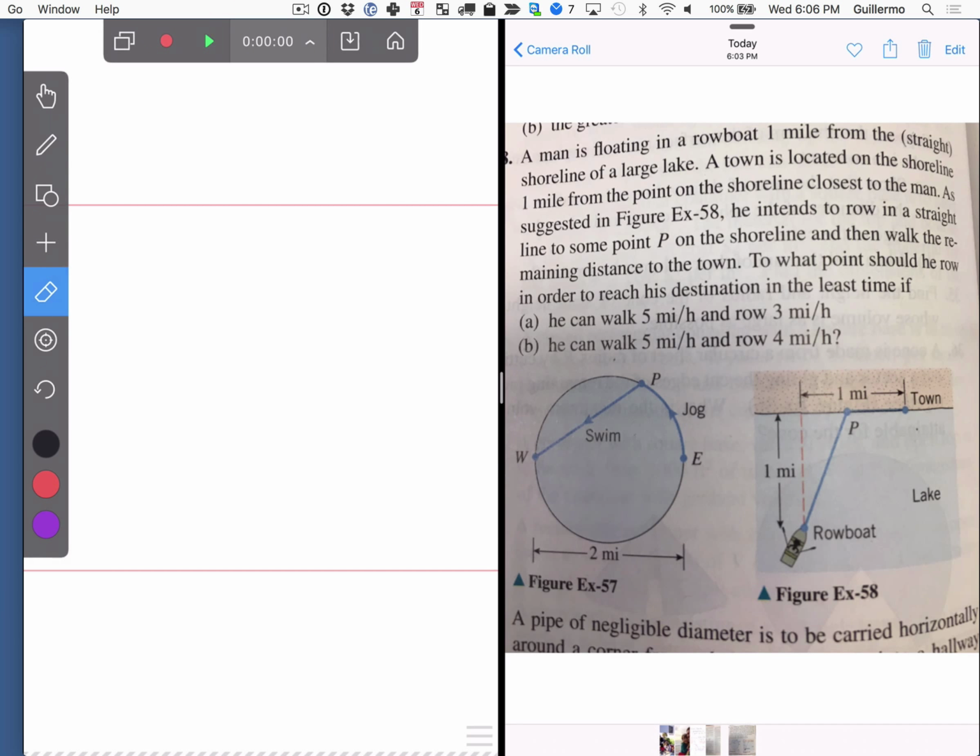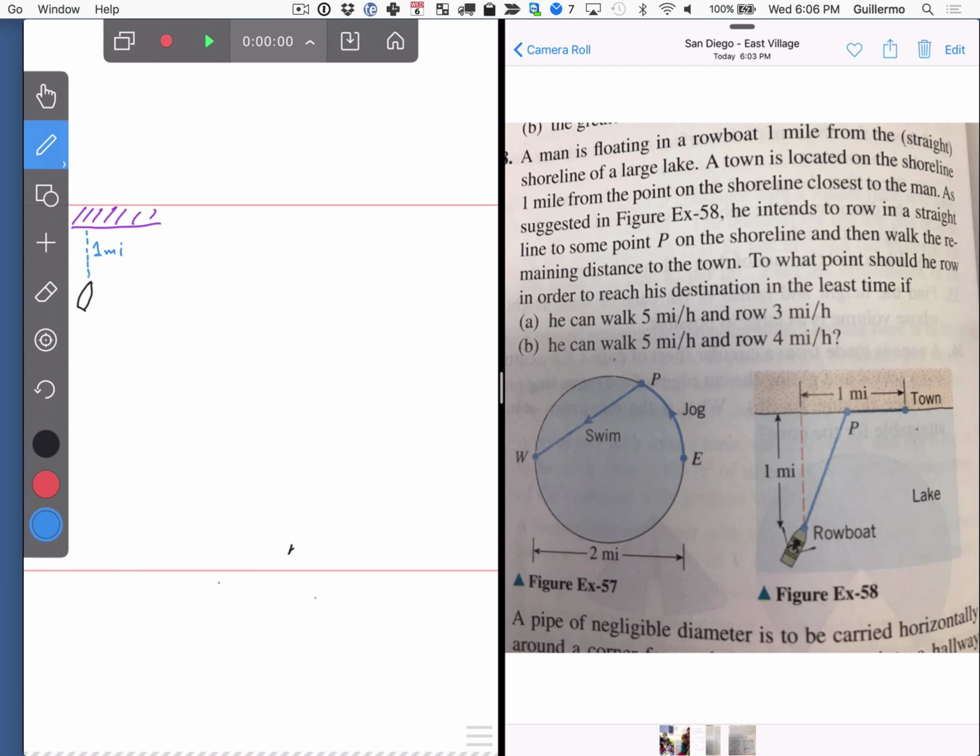So this is number 58. So it says that a man is floating in a rowboat 1 mile from the straight shoreline of a large lake. Okay, so here, I'll just redraw the picture over here. So here's the shoreline. And then here's the rowboat. And then this is 1 mile, like that.